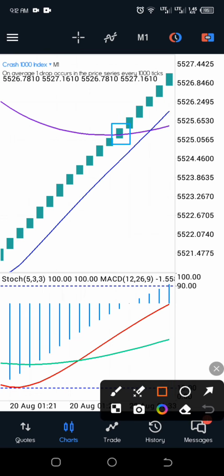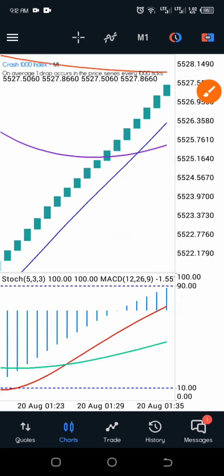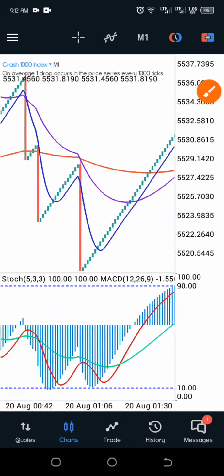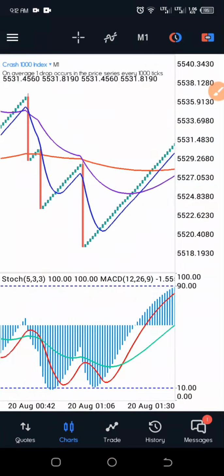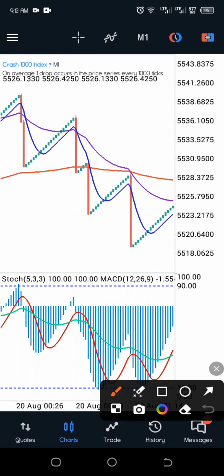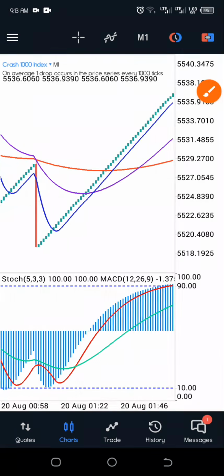After it crosses right here with another 3 candles, you enter right at this candle. When you enter your trade, your target should be where the price sparked, which is this area right here. That is the area you're going to target when using the strategy to trade on Crash.